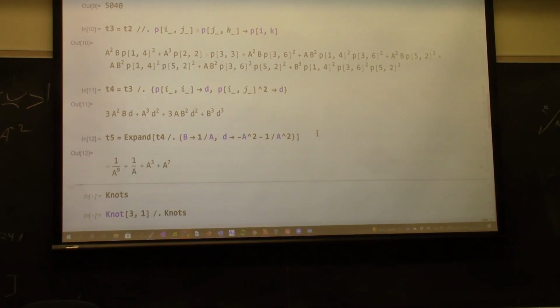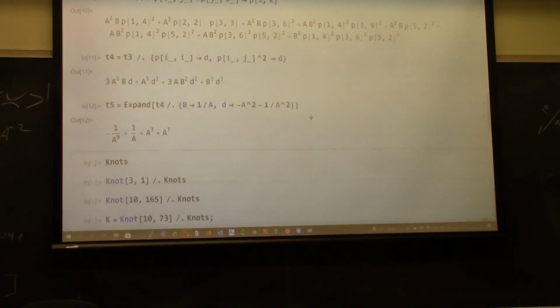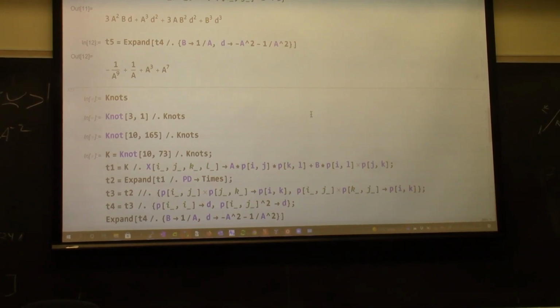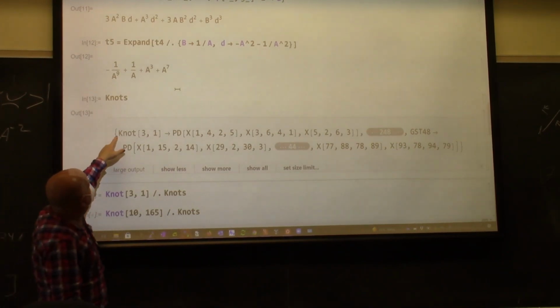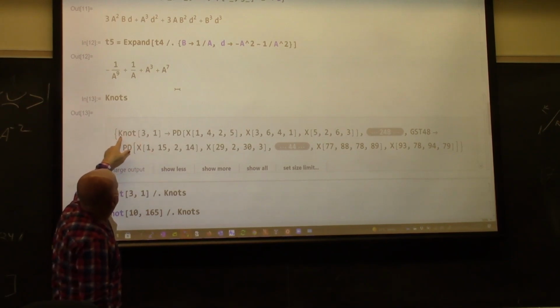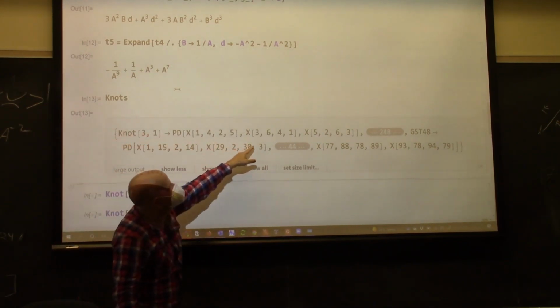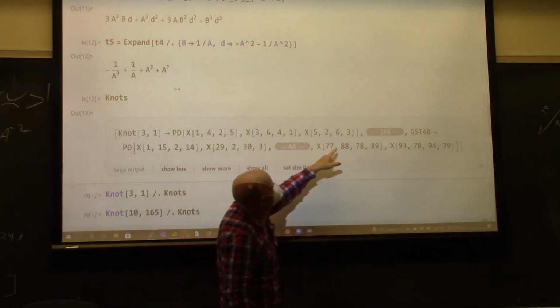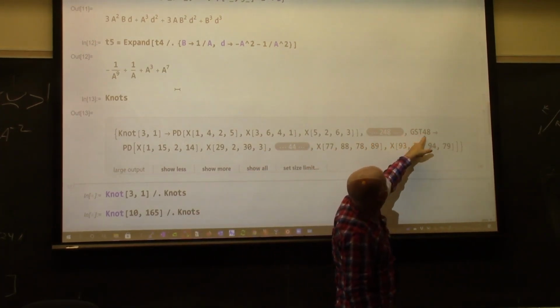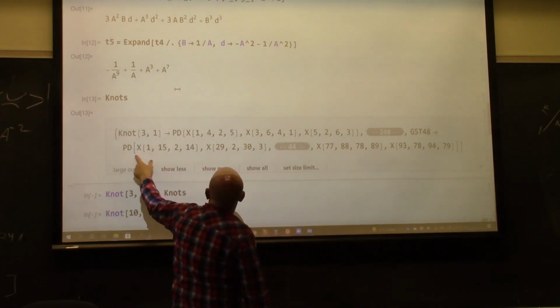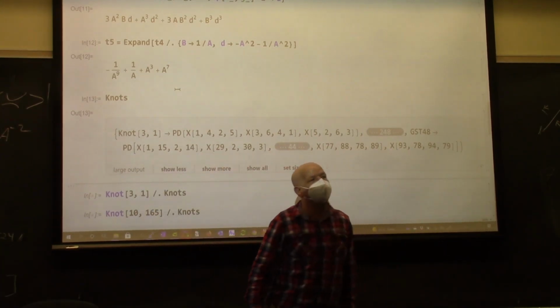Now, I could have done the same for any knot. So, for example, I remind you that this secret initialization cell defined a really long rule, which was knot 3.1 is PD this, and so on, up to 248 missing terms, and then GST 48 is this long PD notation.